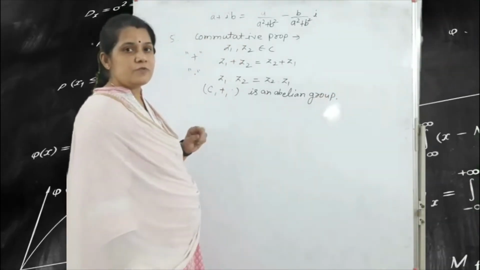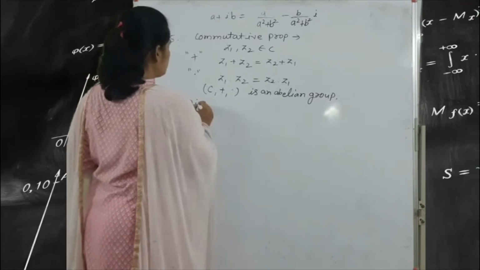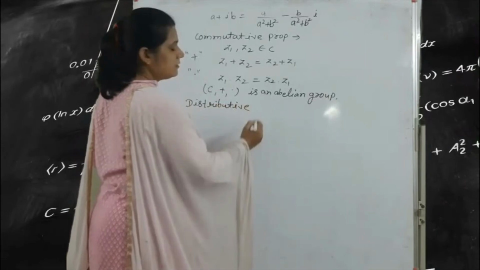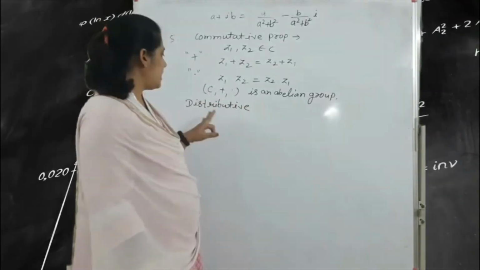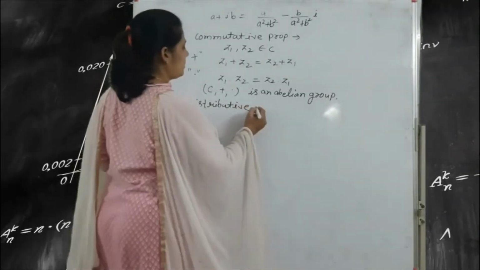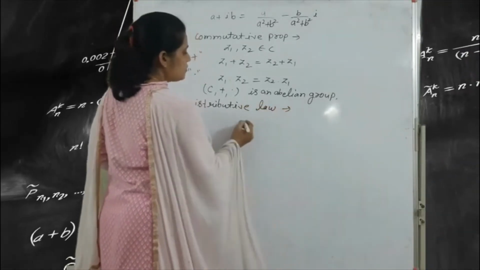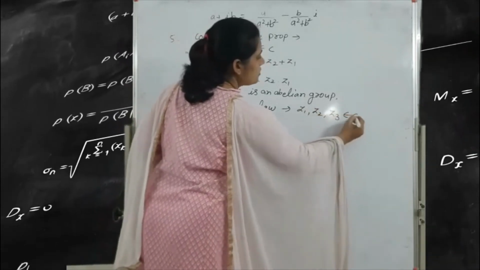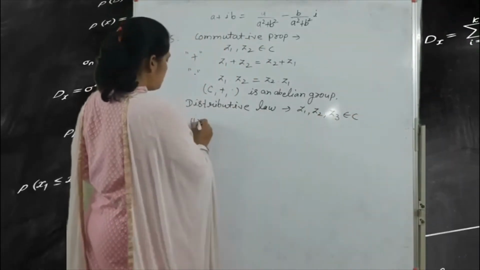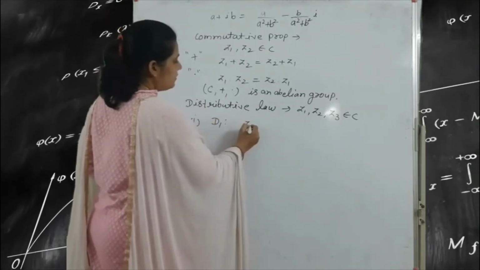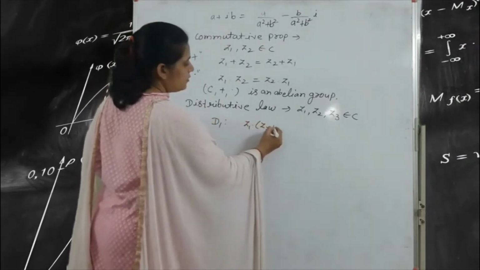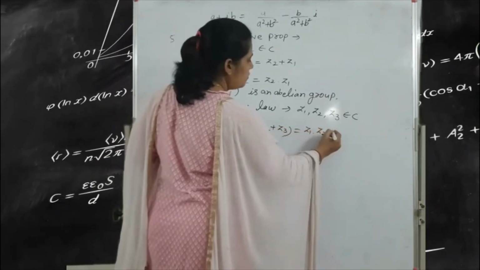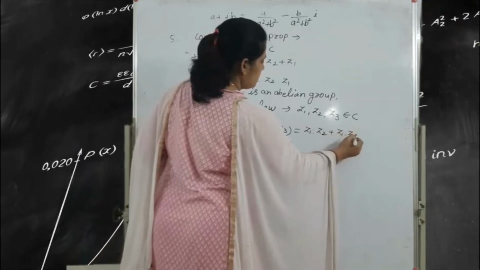Okay. Next one is the third condition. The third condition is the distributive law. According to the distributive law, we write here three elements Z1, Z2 and Z3. For example, Z1 comma Z2 comma Z3 belongs to C. The first distributive law, D1: Z1 dot (Z2 plus Z3) is equal to Z1 dot Z2 plus Z1 dot Z3.